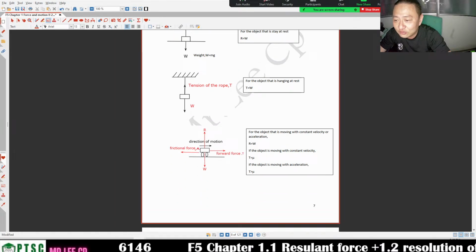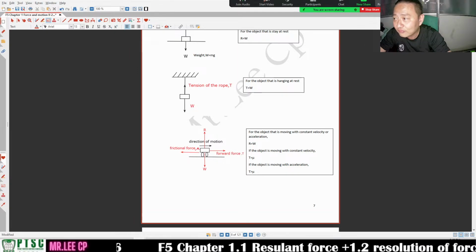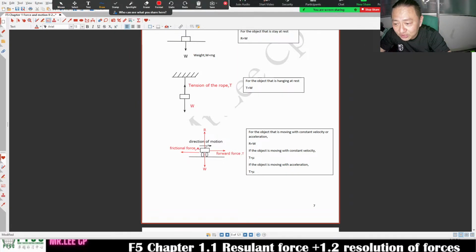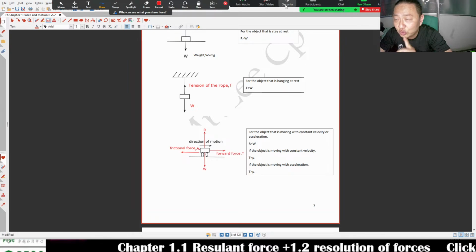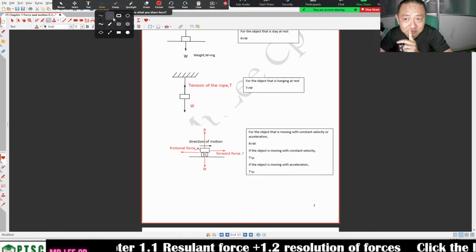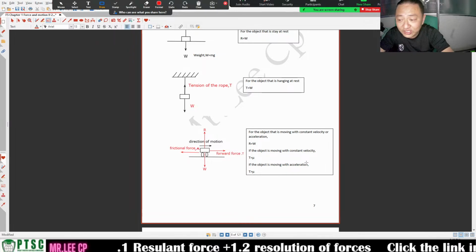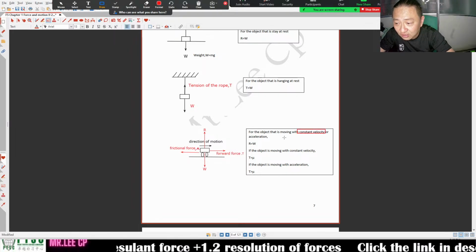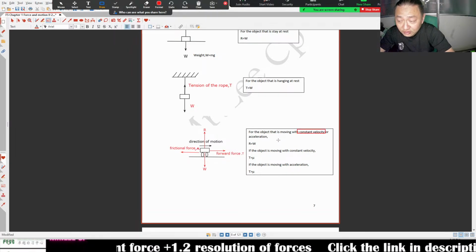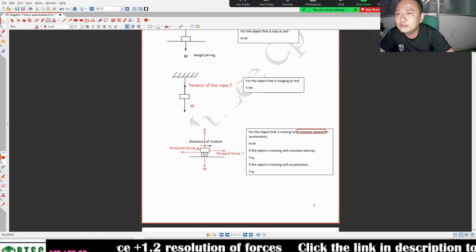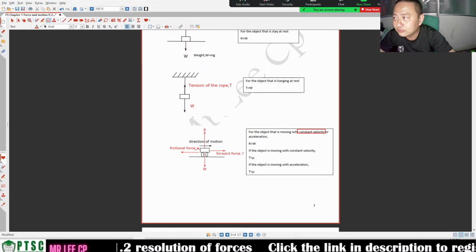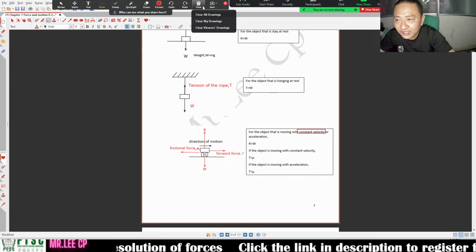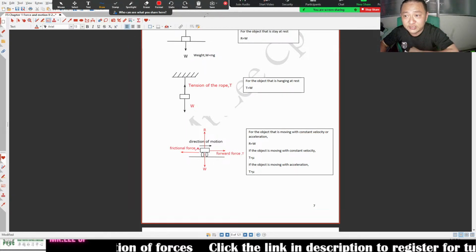Later, this one is moving already. So if this trolley is moving, you must see whether it moves with acceleration or not. If it moves with constant velocity or is not moving, then the force to the left and right will be the same.